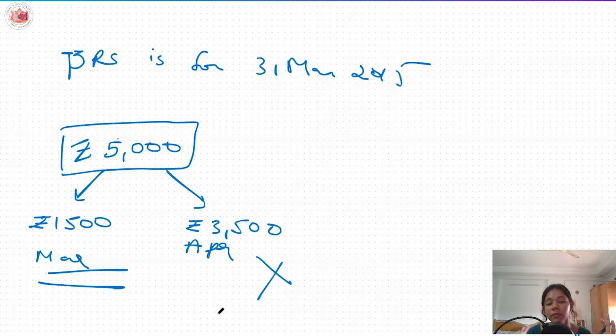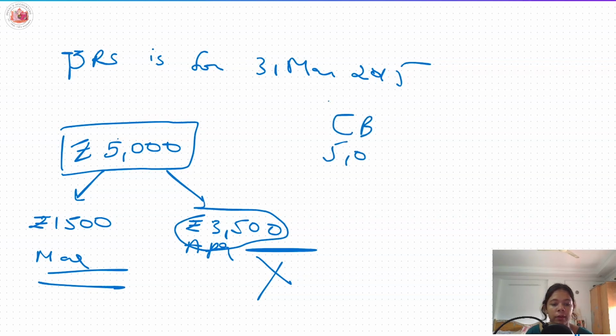The rest, 3,500, got credited in April. So that means for the month of March, my passbook balance is lesser than my cash book balance by rupees 3,500. In my cash book I have recorded the full 5,000, but in my passbook I have received a credit of only 1,500 rupees.